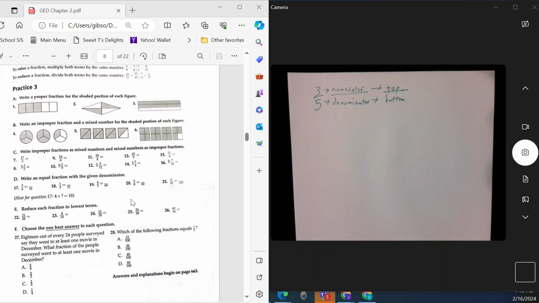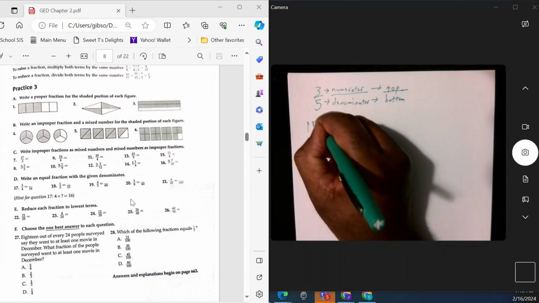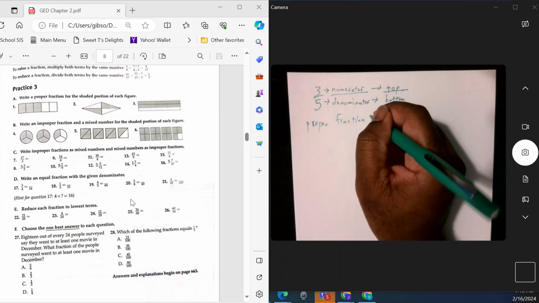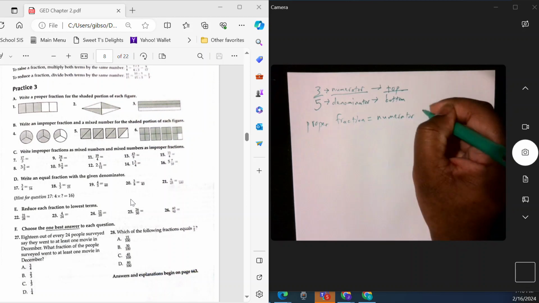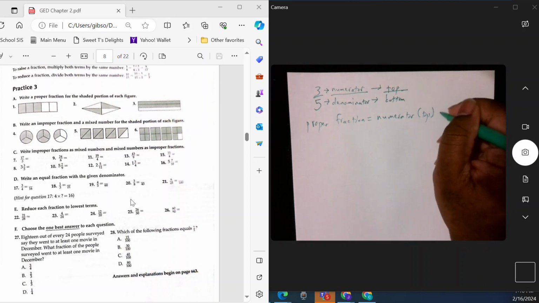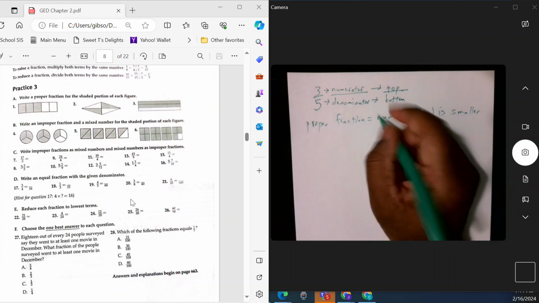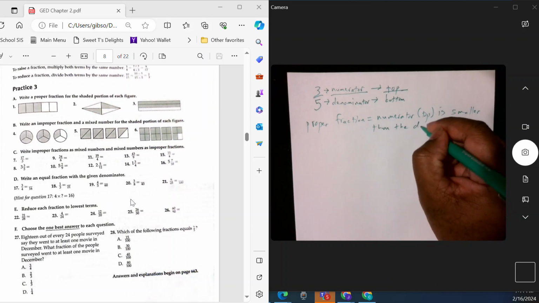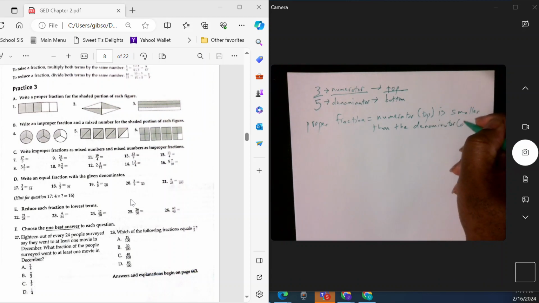So with that being said, a proper fraction is when your numerator, or the top, is smaller than the denominator, your bottom.